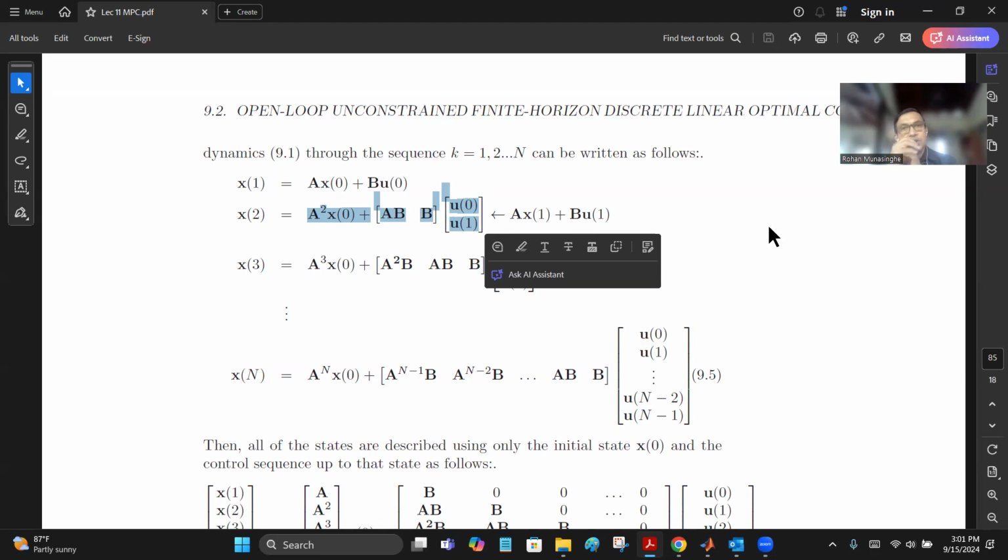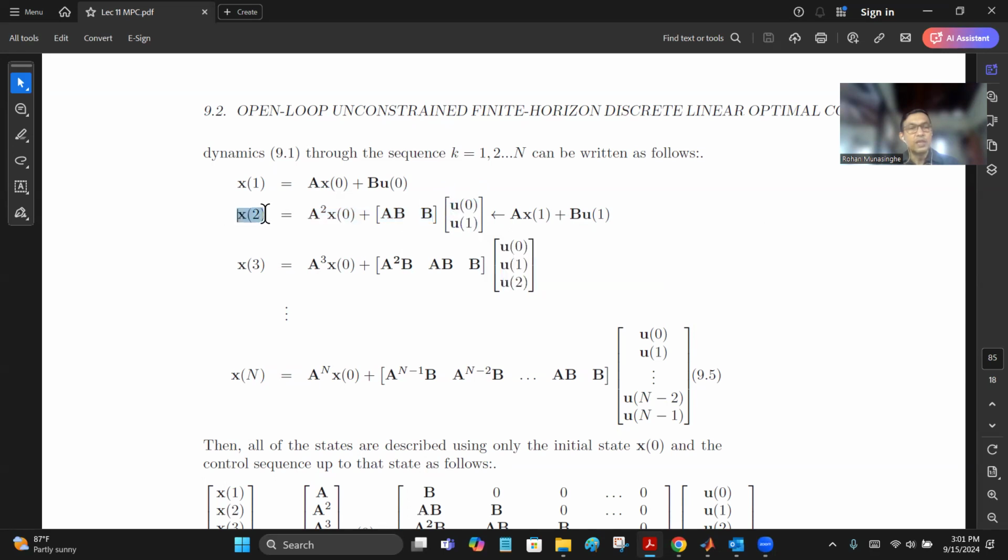If you substitute your time 0 information into the time 2 state transition. Now, if you look at x2, it depends on the x0 initial condition plus the two control signals given since then.